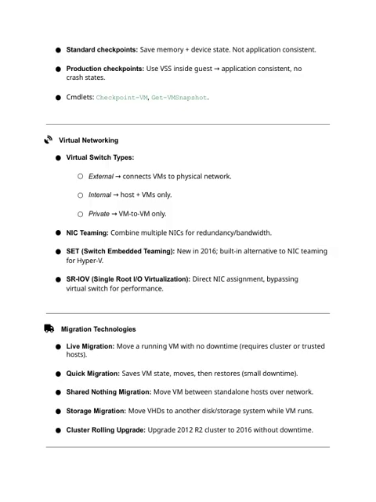This means they create application-consistent snapshots, which are much better for production environments, and they avoid crash states. To manage these checkpoints, we have specific cmdlets like Checkpoint-VM and Get-VMSnapshot, which help create and manage snapshots efficiently.